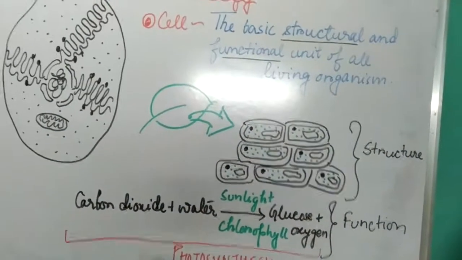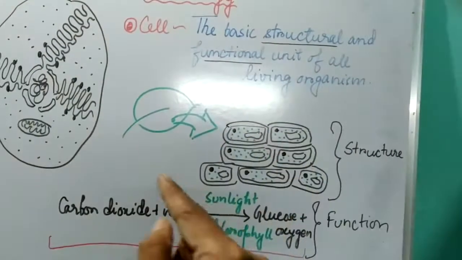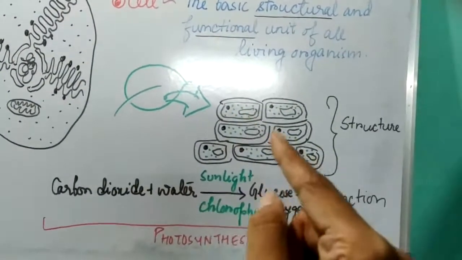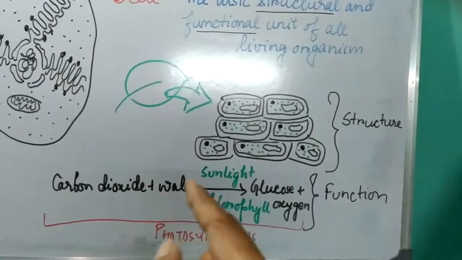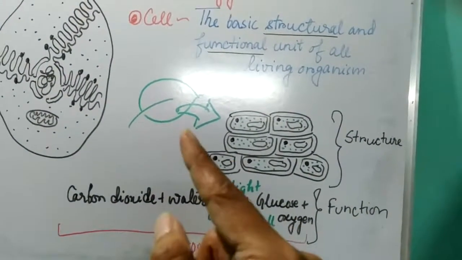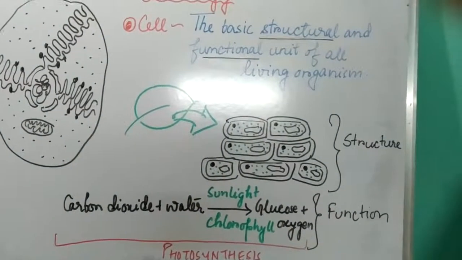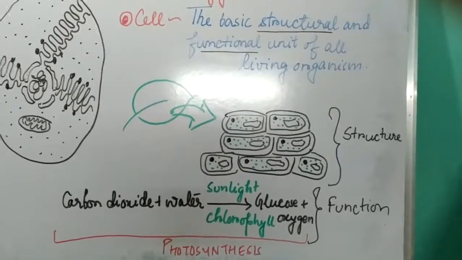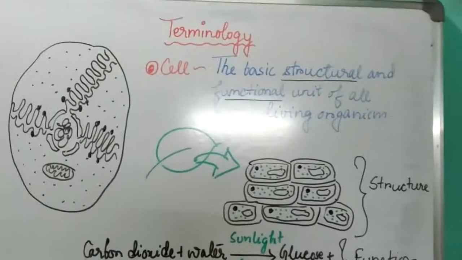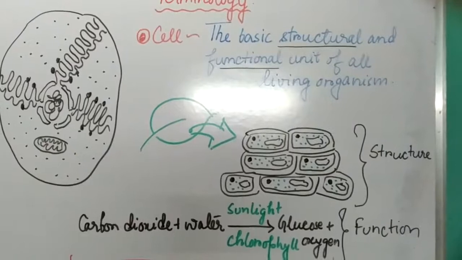On one hand, they form the entire structure of this leaf, and on the other hand, each of them contributes towards photosynthesis so that the leaf in general can perform the overall function of preparing food.